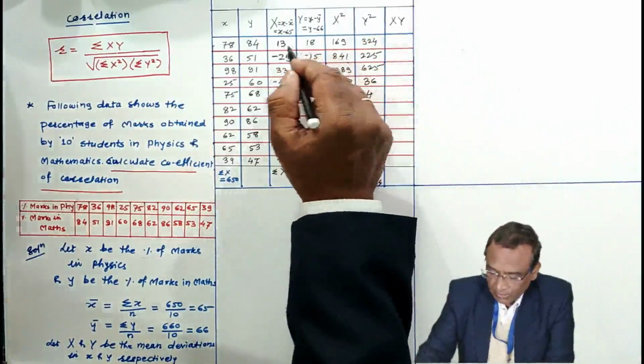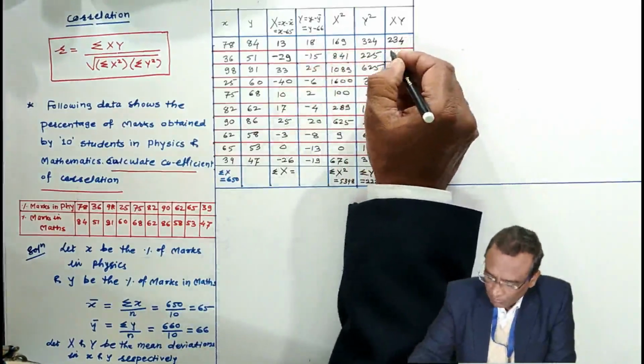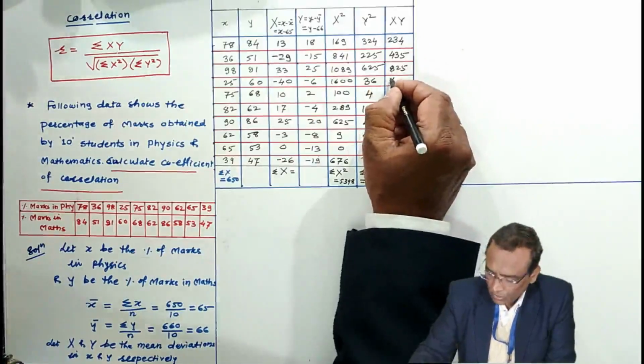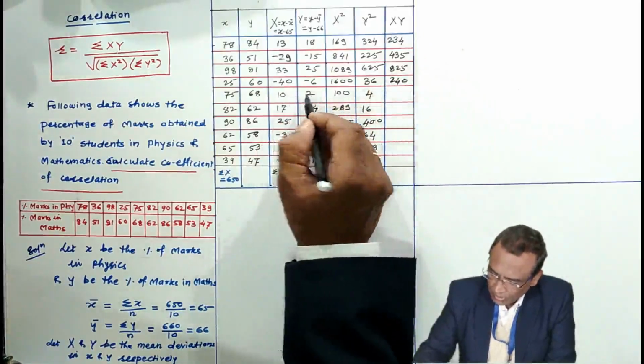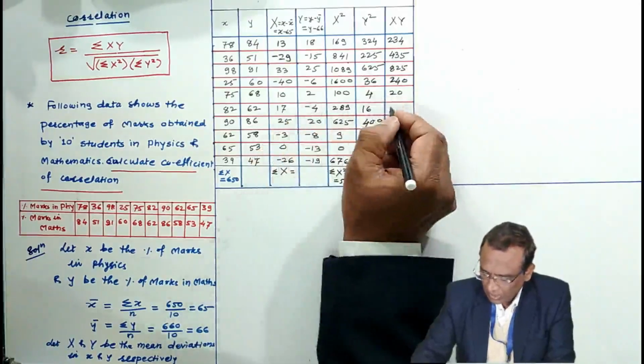Now capital X into capital Y. 13 multiplied by 18 is 234. Then 435. Then 825. Then 4240. The product of the next two is 20. The product of this is 68.